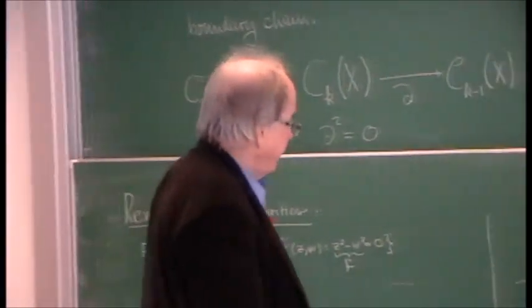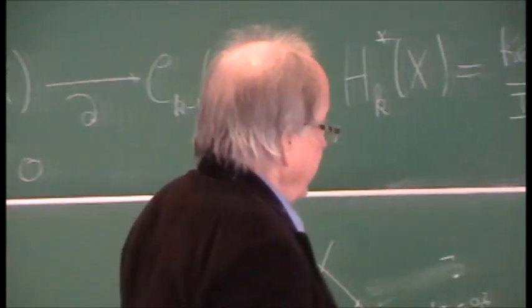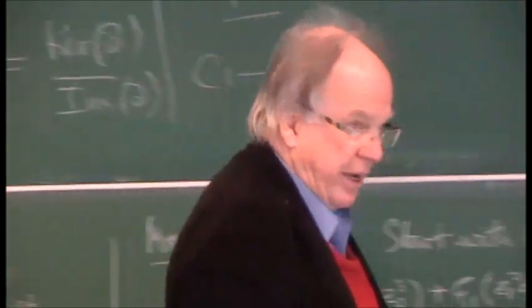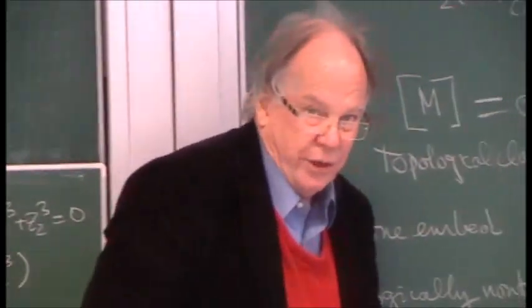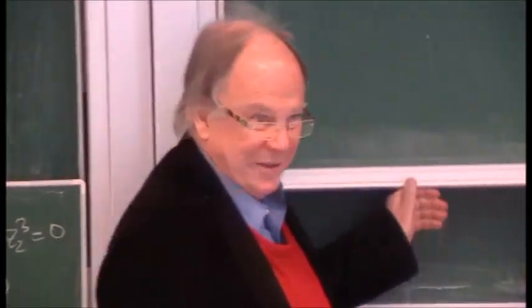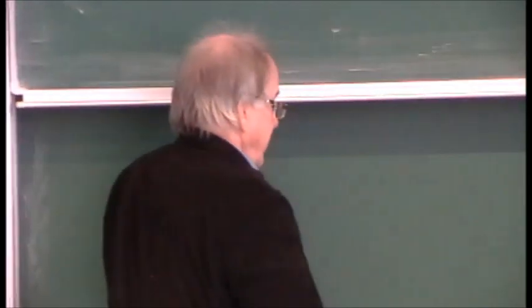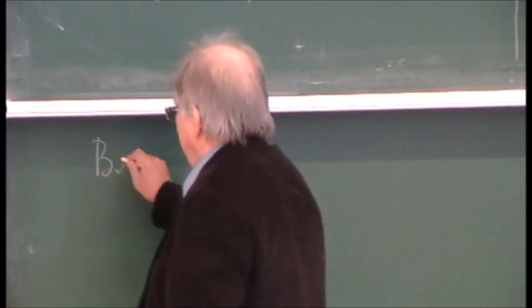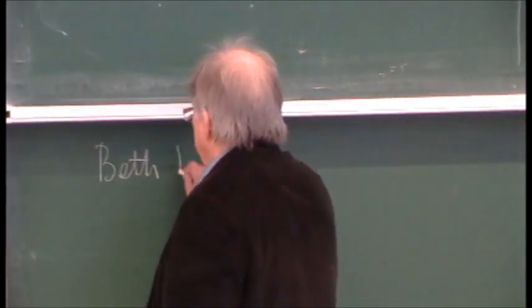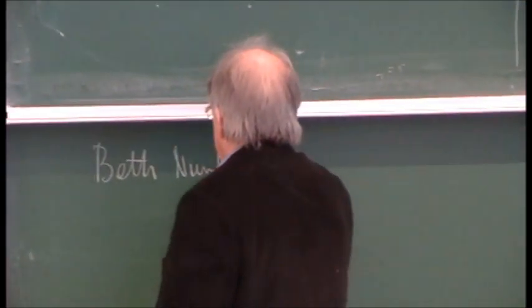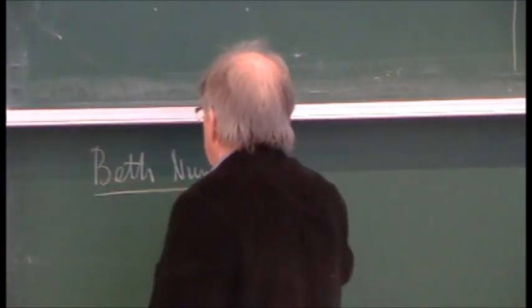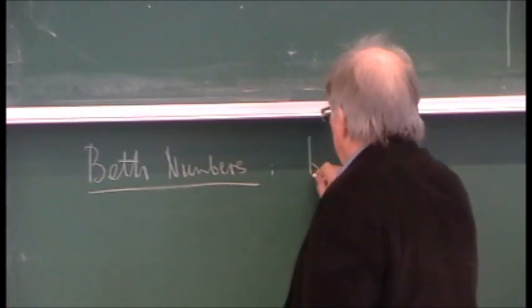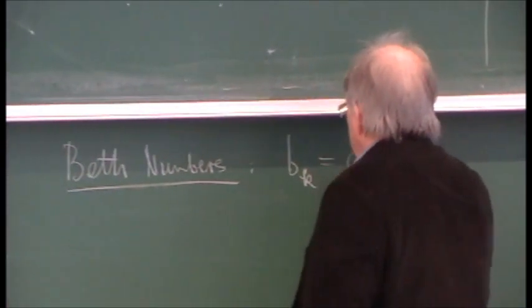And Betti, there are numbers named for Betti. They're called Betti numbers. And they're the dimensions of the homology. So the Betti numbers, so b_k.